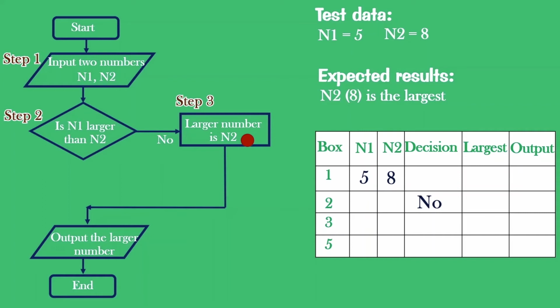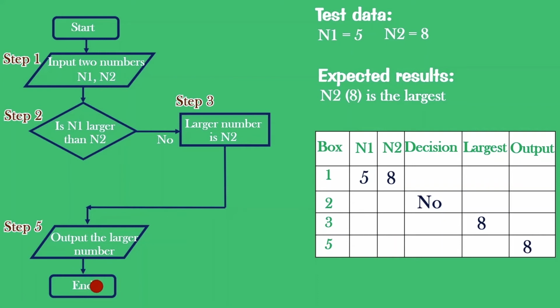In step number 3, the largest equals n2, so n2 becomes the largest, because 8 becomes the largest. We are going to skip step number 4 because the condition of getting the largest is satisfied. We now go to step number 5 and output the largest, which is 8, and lastly end the whole process.